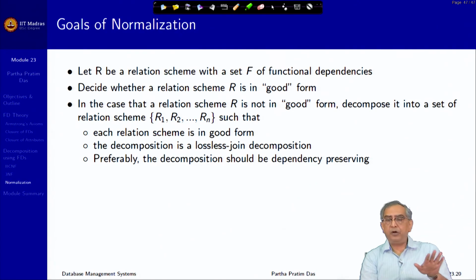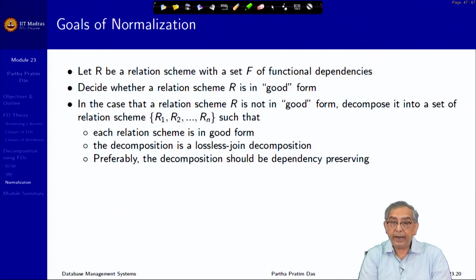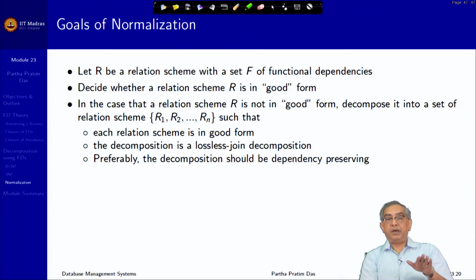So, the goals of normalization should now be quite clear: we want to make a good relational schema design, and if the relational schema is not good, we will decompose into n relational schemas as required, so that each schema is in good form, the decomposition is lossless join, and preferably it should also be dependency preserving.